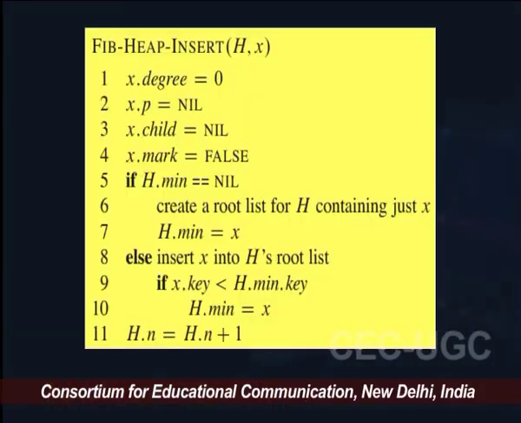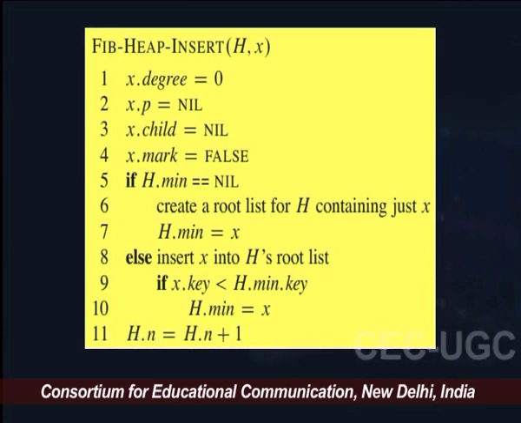Now, what is that procedure? Here is the pseudocode, which says fib heap insert, and the parameters we are passing are h, the heap pointer, and x, the node to be inserted. x dot degree is equal to 0, because presently it does not have any children, and degree represents the number of children. x dot p, which is the parent: presently we have not attached it to any of the trees, so x dot p is equal to nil.